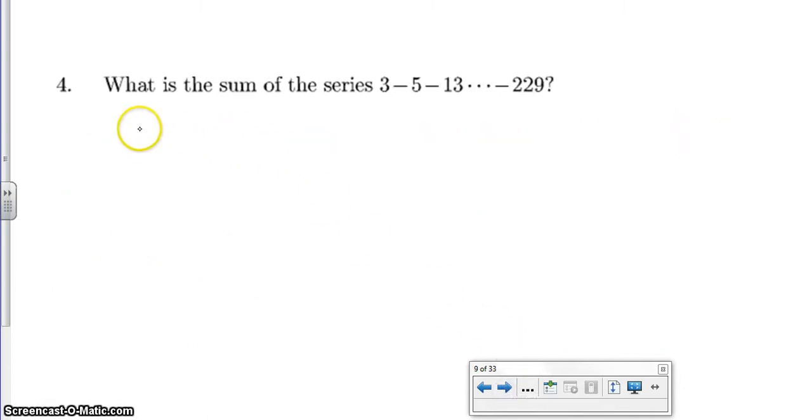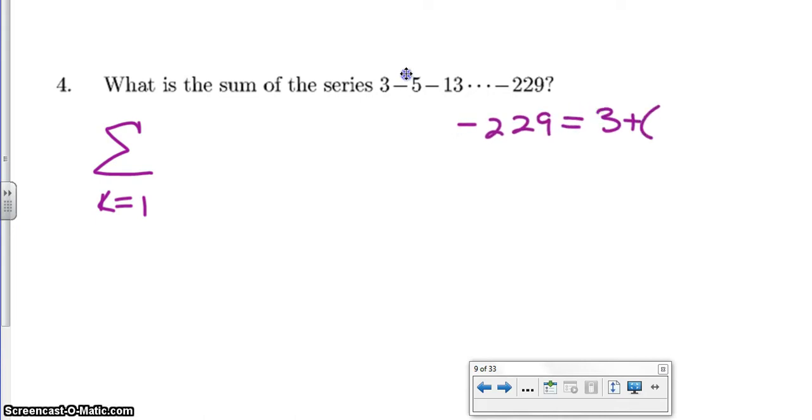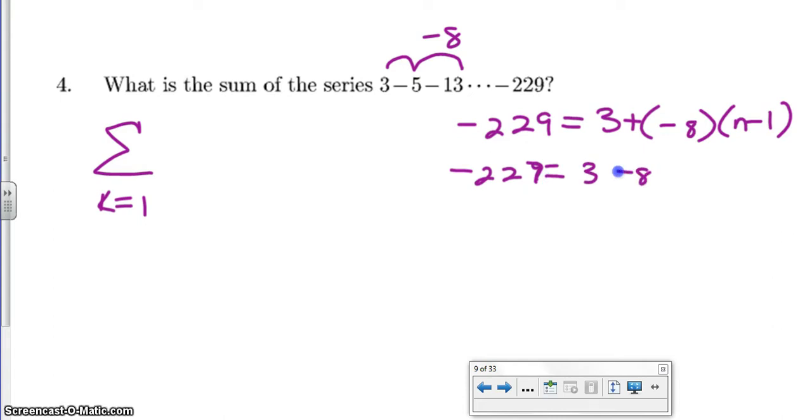Number 4, go ahead with the sigma, and this time I'm just going to say k, okay? And we're going to say negative 229 is equal to the first term plus the common difference. Well, this is awful large. I'm doing a common difference of negative 8 times n minus 1. That's right. Negative 229 is equal to 3 minus 8n plus 8.